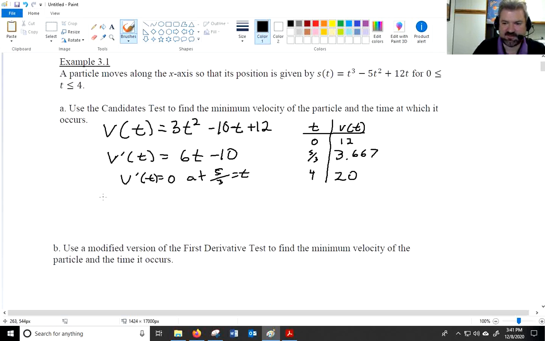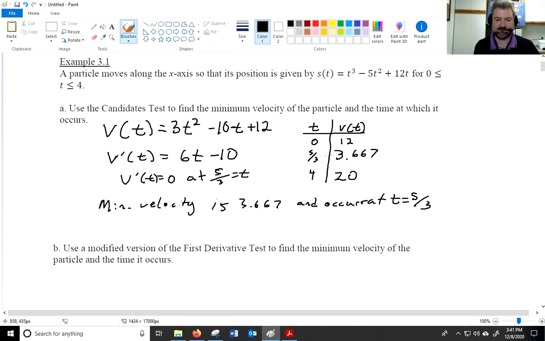So the minimum velocity, and it doesn't look like they gave us any units, so I won't give them any units back. Minimum velocity is 3.667, and it occurs at t equals 5/3.